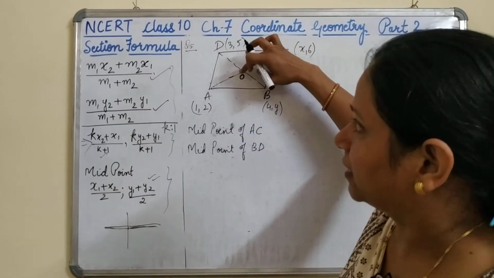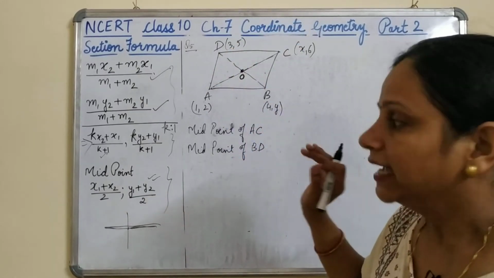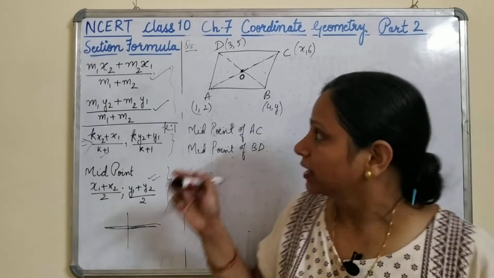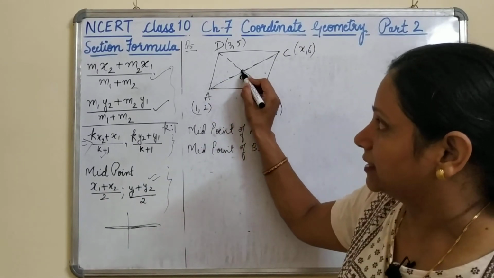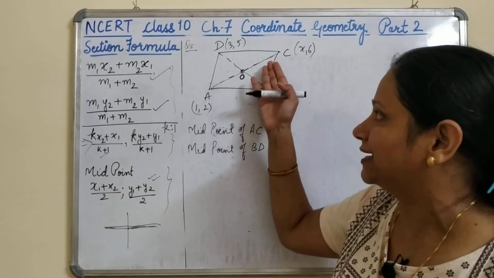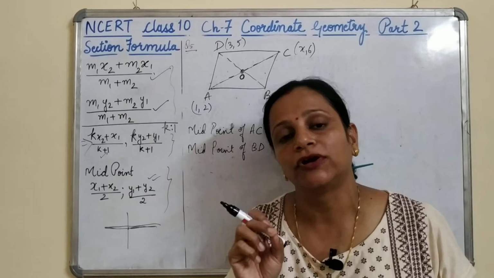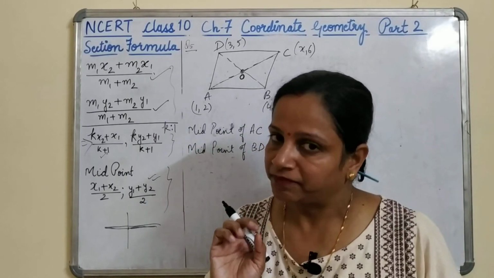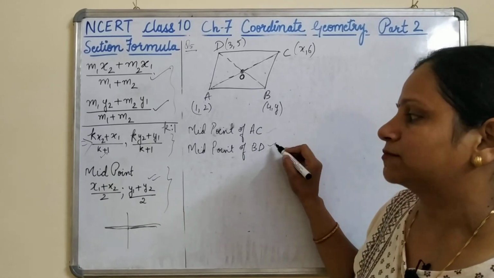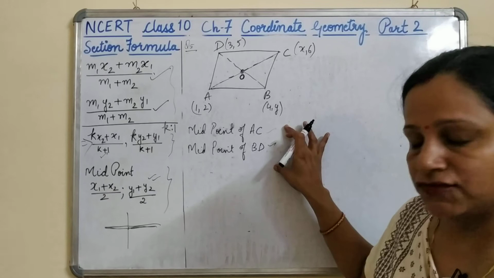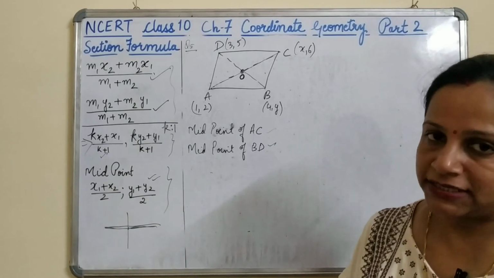Then those coordinates of the midpoint will be equal, because this is the same, single midpoint which is unique for AC as well as BD. This is the point of intersection for diagonal AC as well as for diagonal BD, right? So we just find this by (x1 + x2) by 2 and (y1 + y2) by 2. The coordinates we get, we will equate them as the same. Fine.